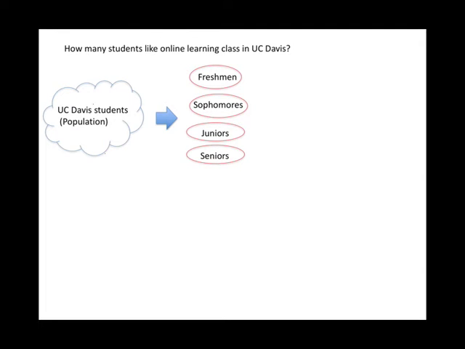So I have 4 subgroups here. And then I find out the number of freshmen at UC Davis is about 6,264. I have this number for sophomores, juniors, and seniors. So the total number of students will be 21,239. And for the sample size, I'm looking for 1,000.